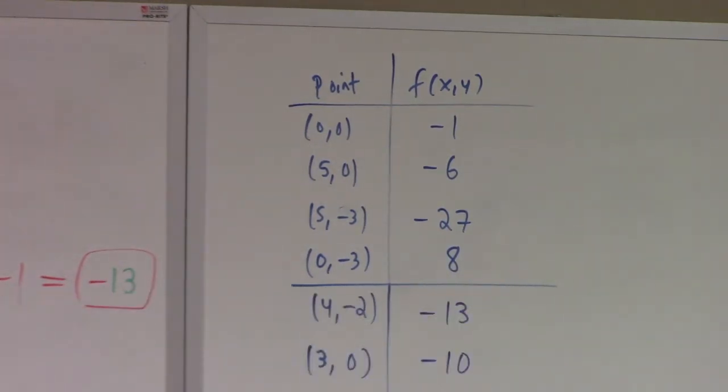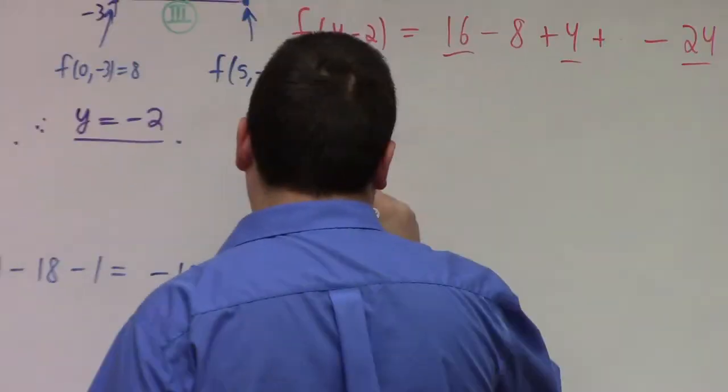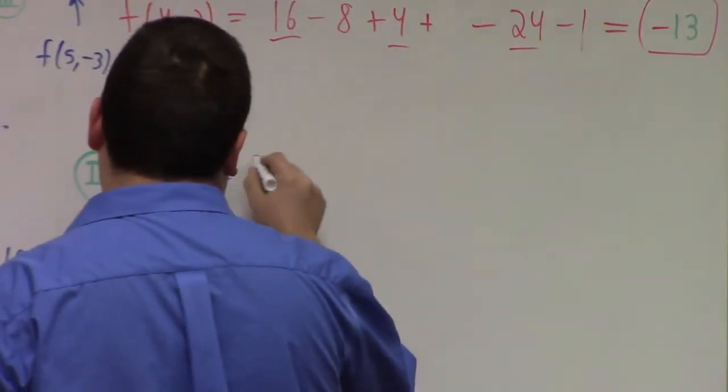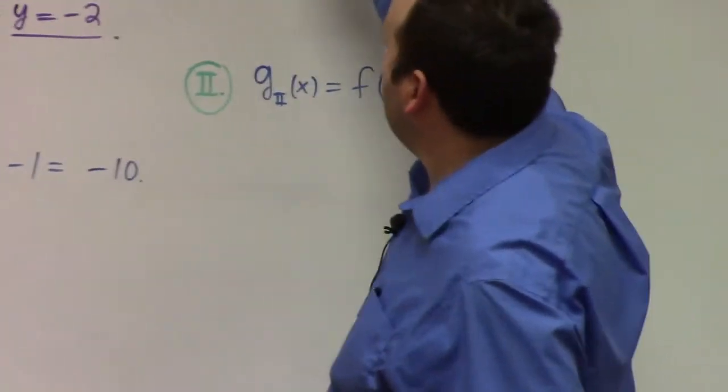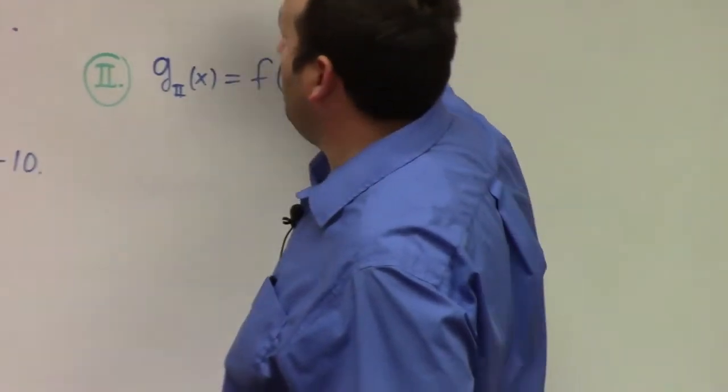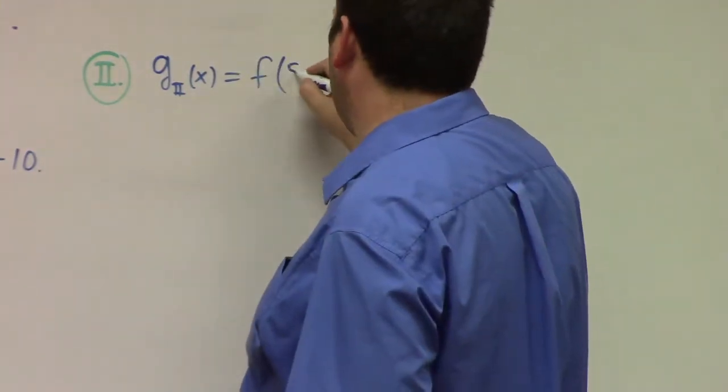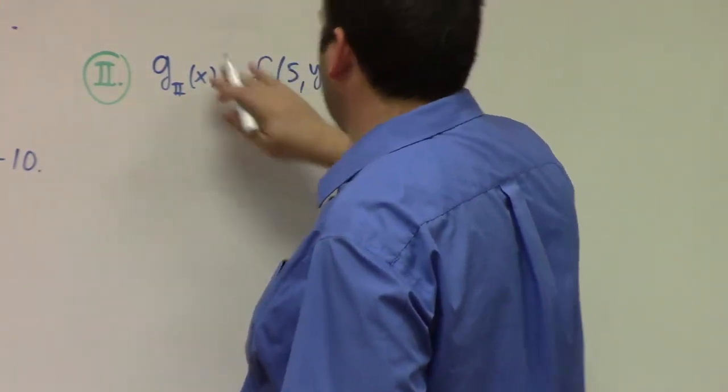All right, case 2 then. We have g2 of y, which would be f of what? X is equal to 5 and y is equal to y. So we get 5 comma y.